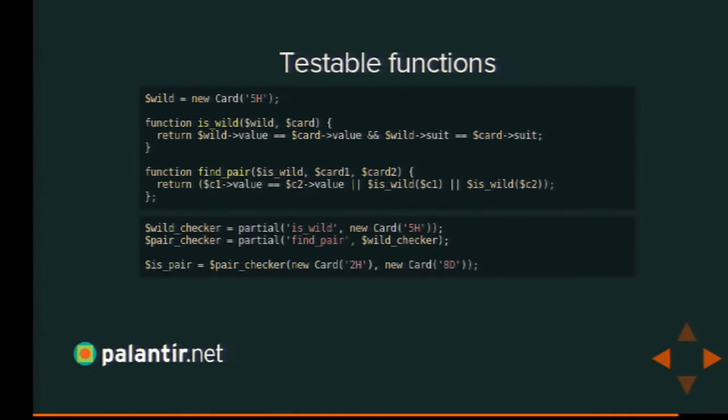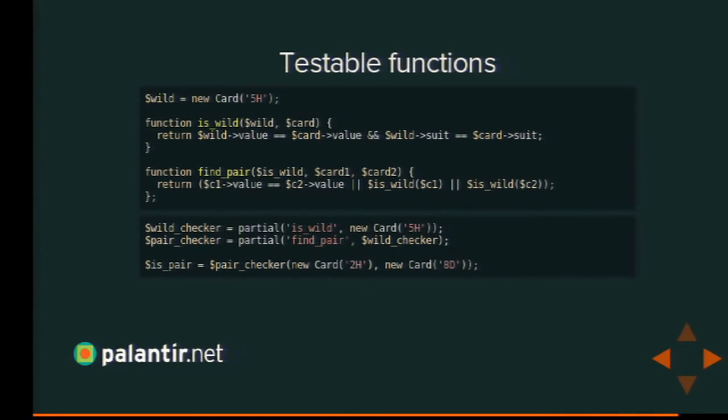So we wrap up this function that will always get called with 5 of hearts as the first parameter. And then we partial findPair with the 5 of hearts is wild function we just created. And then we can call that pair checker repeatedly, just as we did before.